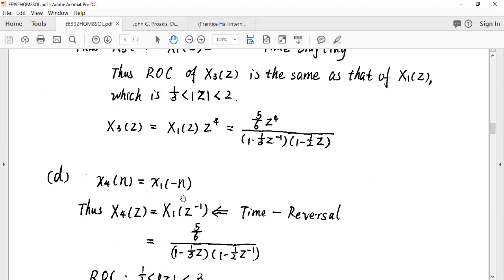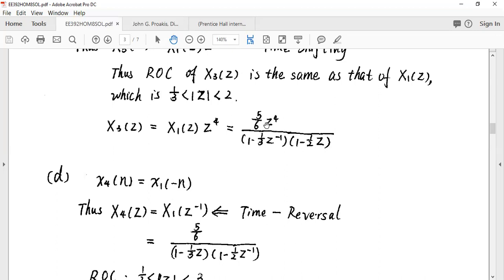Using the z transform properties, we know that x4 of z is equal to x1 of z to the power of -1. This is basically the time reversal property. We have already identified x1 of z, given by 5.6 upon 1 minus 1/3 z^-1 times 1 minus half z.